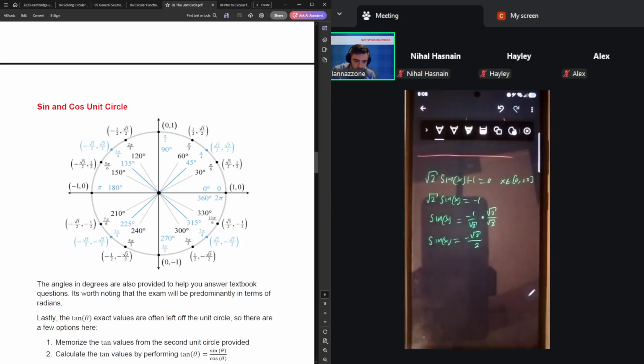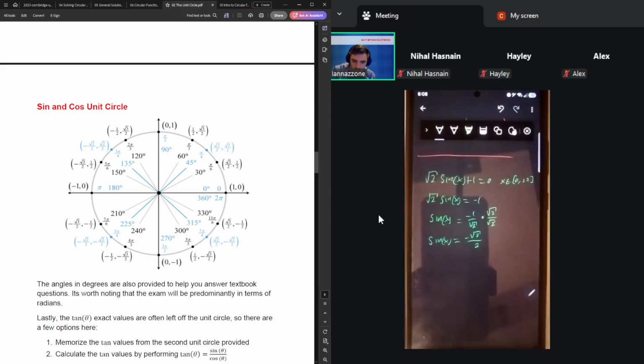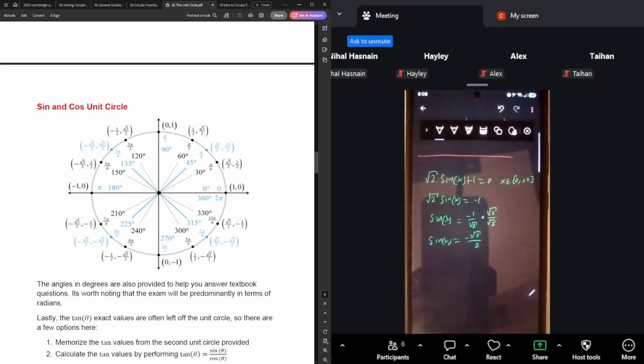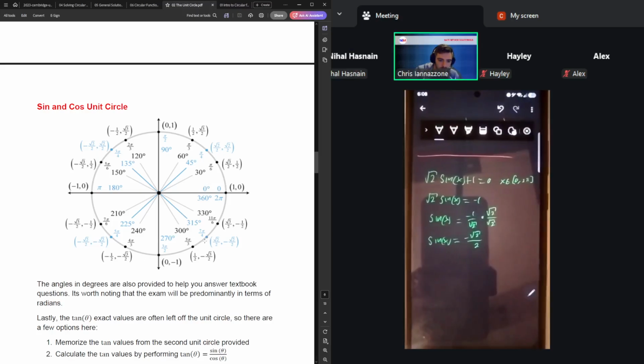As a refresher, if we're solving for where sine equals negative root 2 on 2, we're looking for where the y coordinates are negative root 2 on 2. This is your x coordinate, this is your y coordinate. So looking all over the unit circle, what angles are associated with this y value?